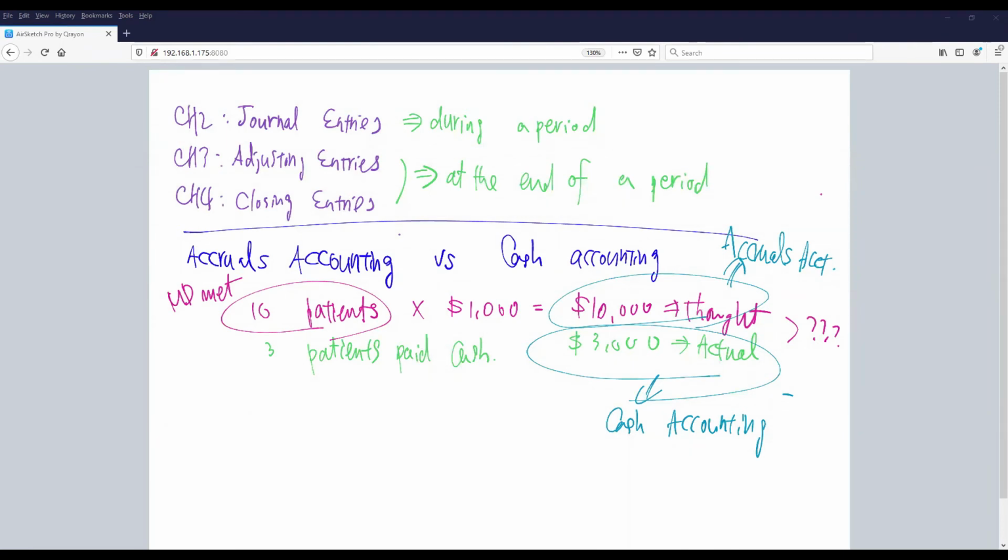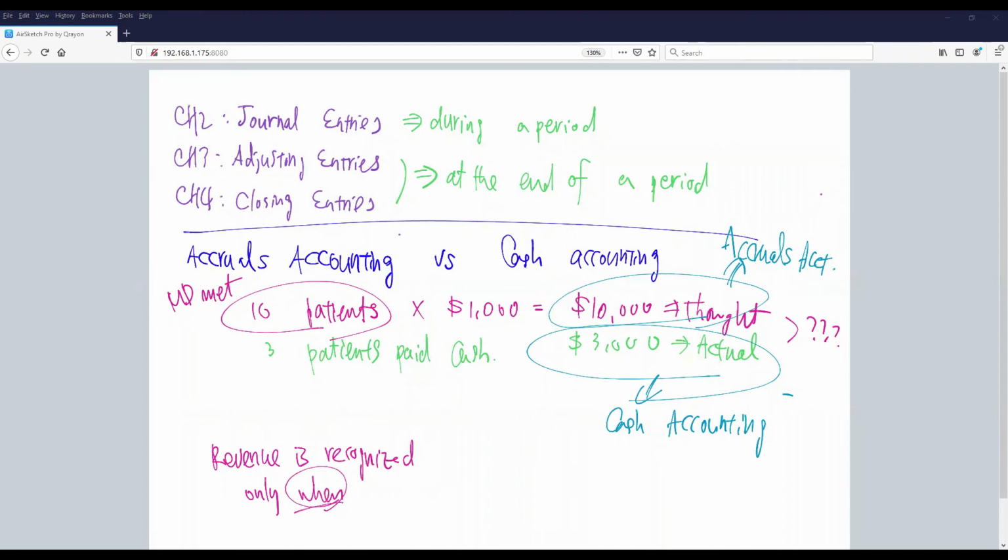Okay, yeah, we have seen this difference between accruals accounting and cash accounting. And you may have noticed that one of the most important topics here is how to recognize the revenue. What was that? Revenue can be recognized only when.